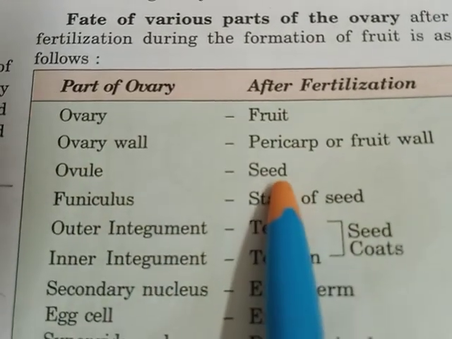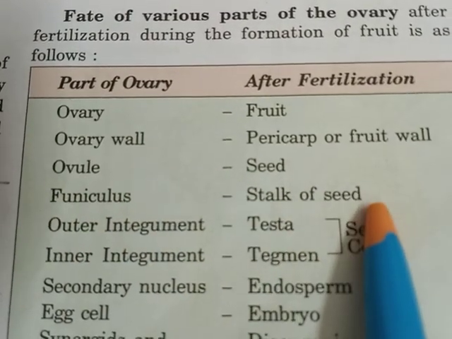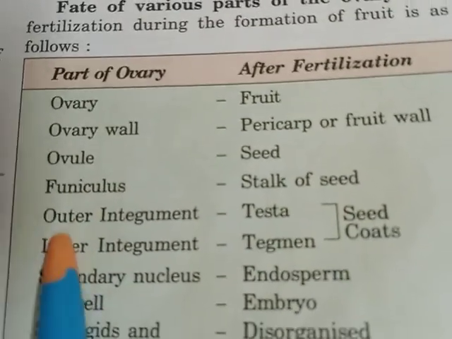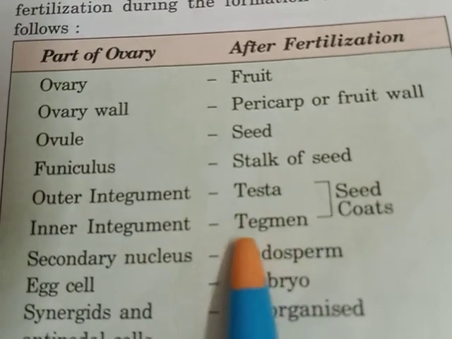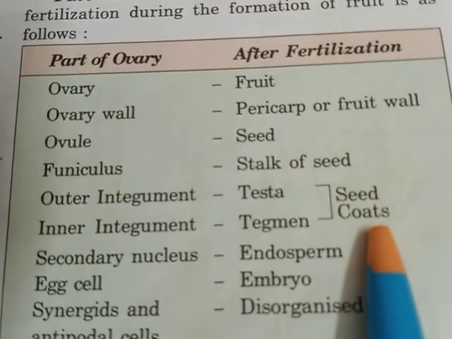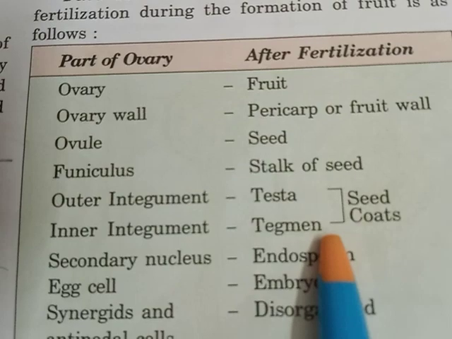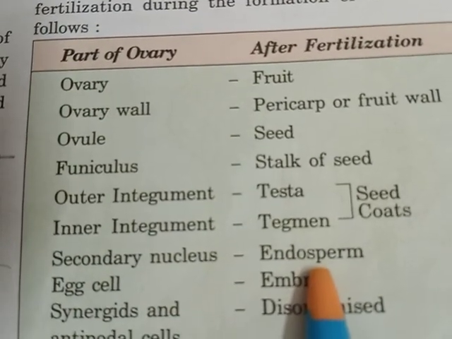The ovule after fertilization changes into seed. The funiculus is the stalk of the seed. The outer integument, that is the testa, and the inner integument, that is the tegmen, change into the seed coat. Testa and tegmen together form the seed coat, and it protects the seed. The secondary nucleus changes into endosperm.